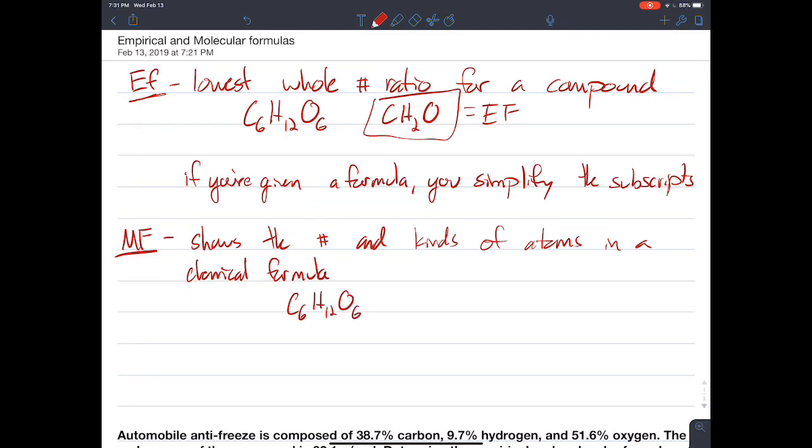This tells you what the compound is really made out of and the number of atoms in the actual compound. Whereas your empirical formula shows you the simplest whole number ratios that these things are combining in. So for every 1 carbon, there are 2 hydrogens and 1 oxygen. The empirical formula is giving you the ratios.